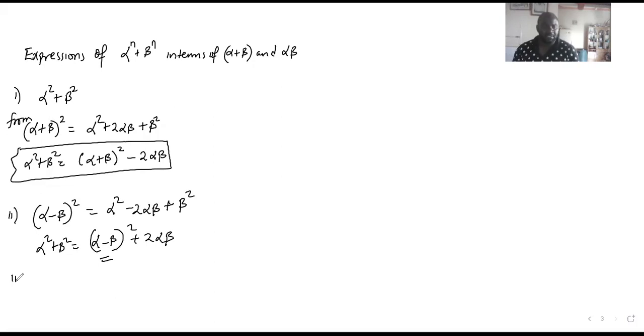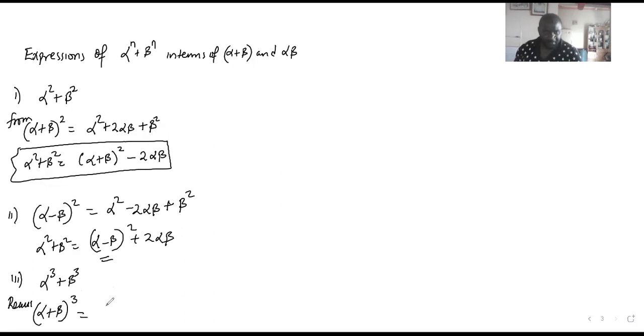Another common expansion required is if you have alpha cubed plus beta cubed, it comes from expansion of alpha plus beta cubed.